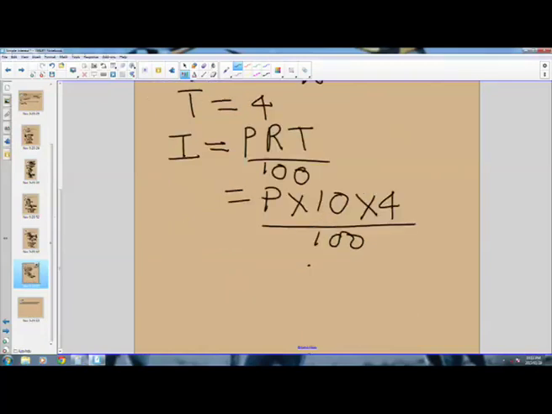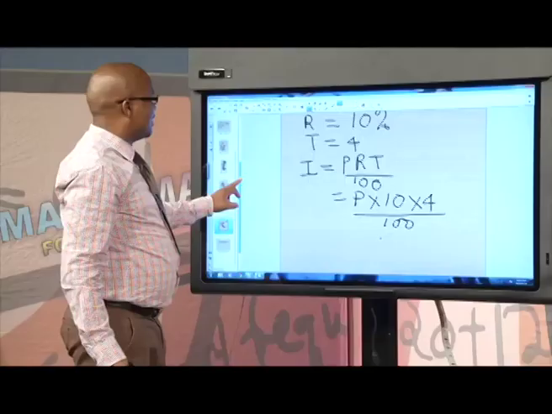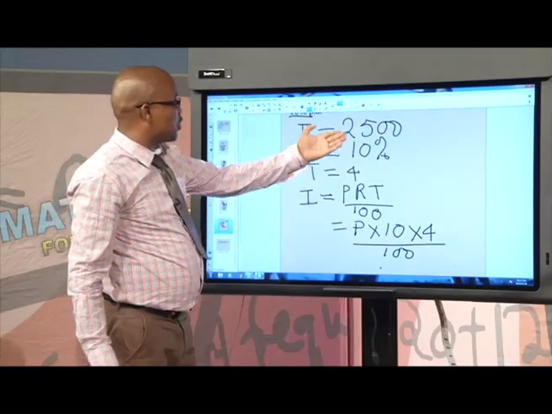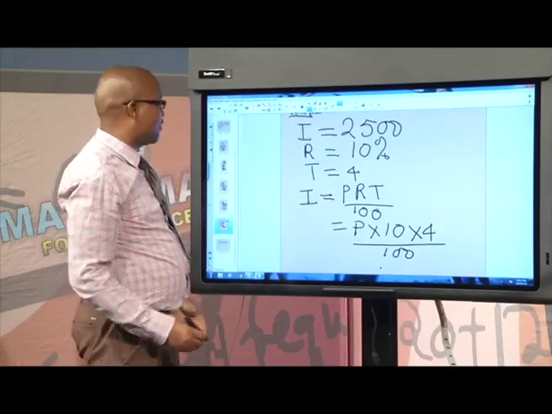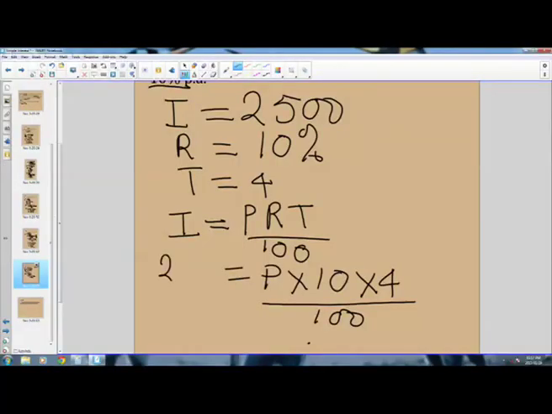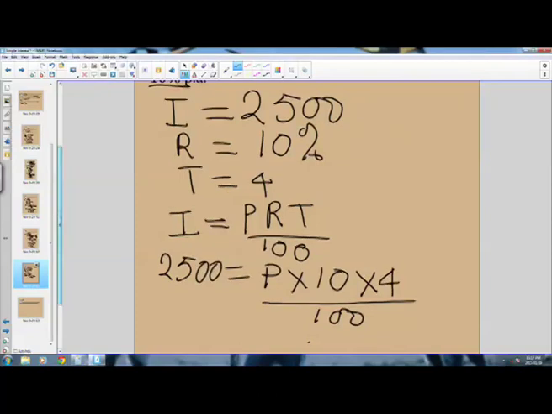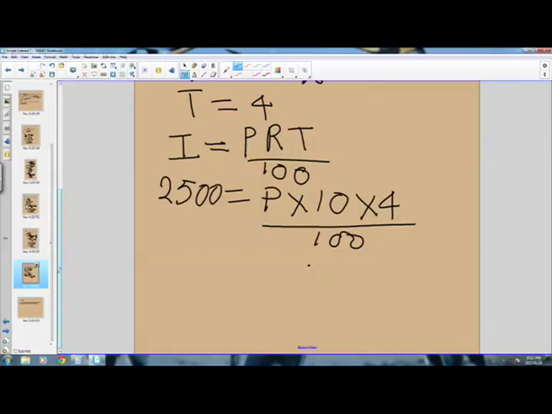Now what about the interest? The interest is given as 2,500, so I is also given. On this side we can have our I as 2,500. There is only one parameter that we are to solve for now. The parameter is P, which is the principal amount.